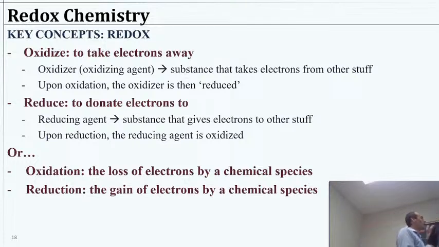You could imagine a case where you say, identify the species that are reduced here. That's a lot different than asking, identify the reducing species here. Because a reducer, or reducing agent, is the thing that gives electrons to other stuff and will then become oxidized.